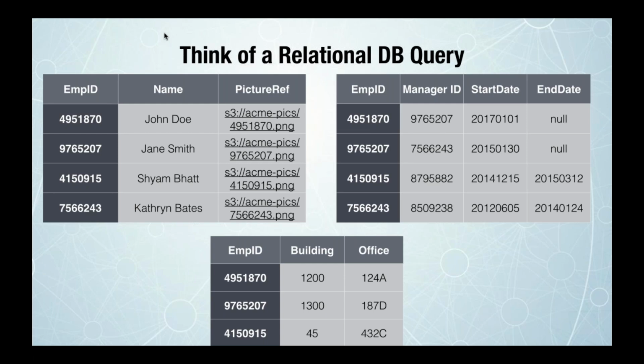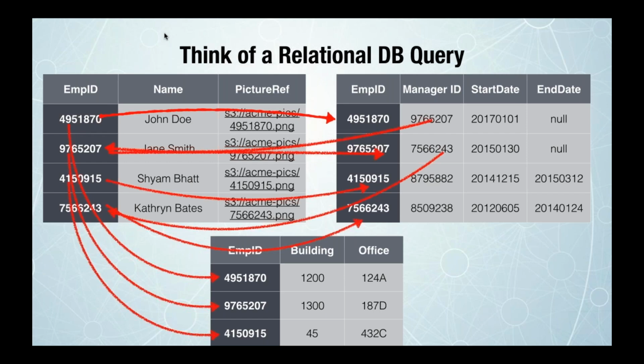Now, what happens if we want to query here? We want to get a list of every employee and their manager chain and what office and building that employee is in. Well, we end up having a lot of index lookups. So indexes were added to SQL databases as a way to quickly look up data.